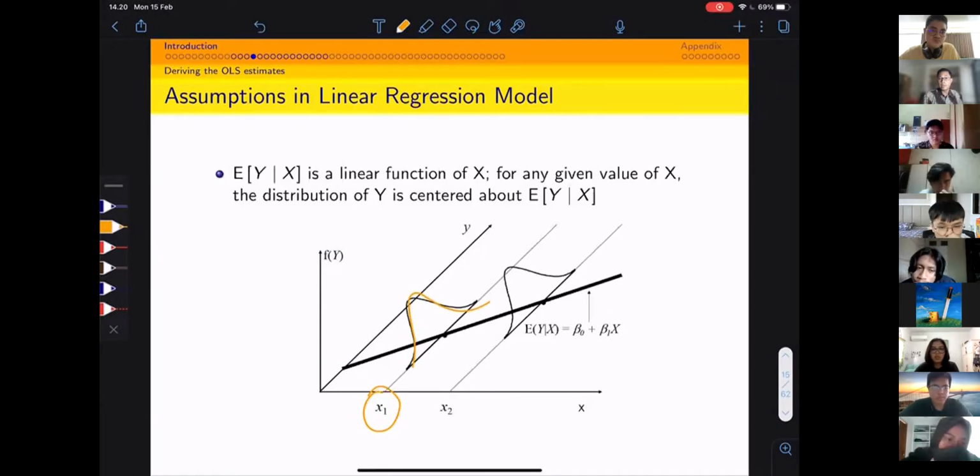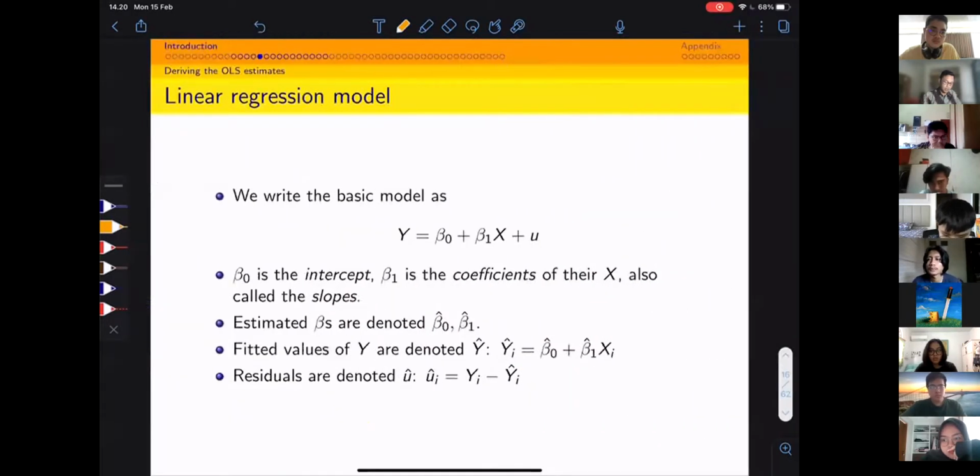Which one is the expected value of y given x? The hard line here is the expected value of y conditional on x, and the distribution of y is centered around the predicted value of y conditional on x. So this is a graphical depiction if we fulfill the zero conditional mean assumption.